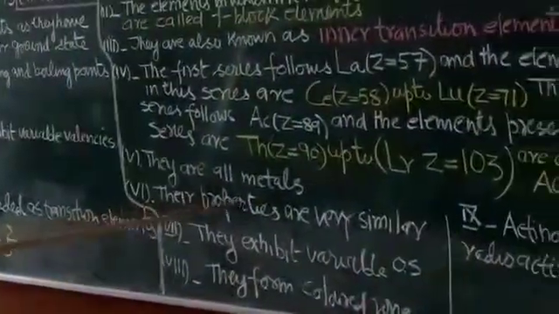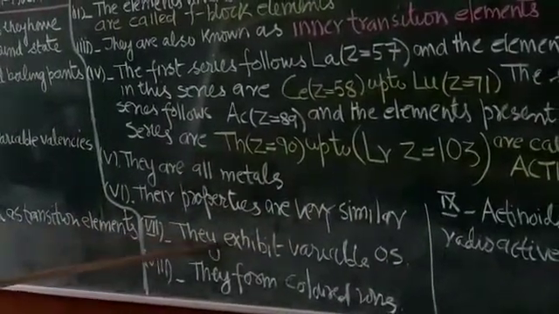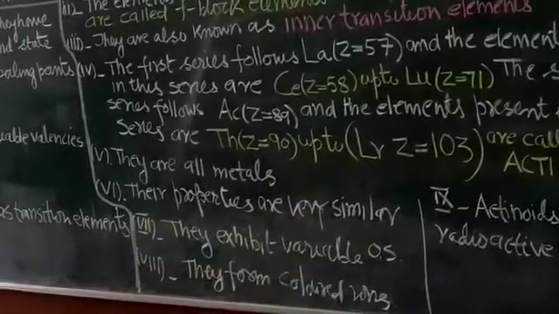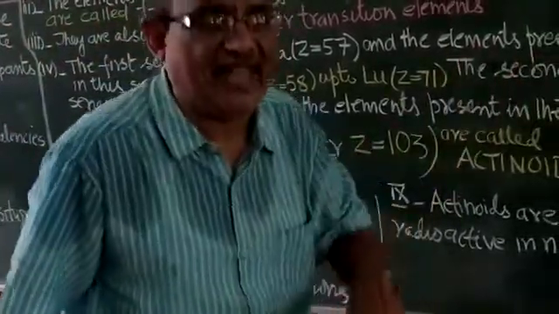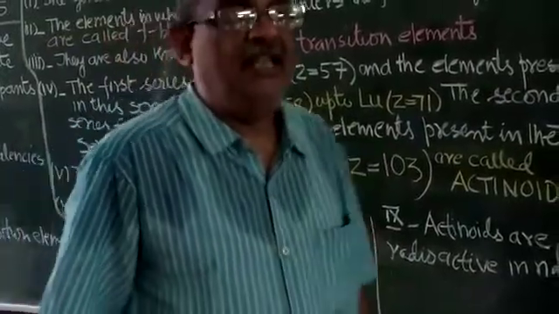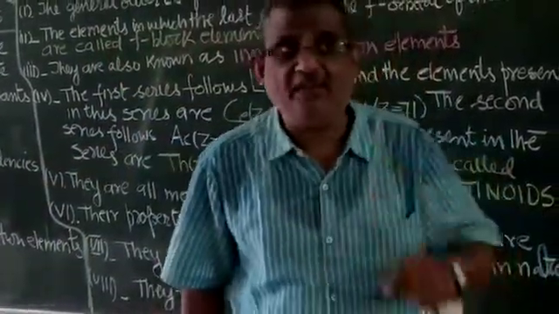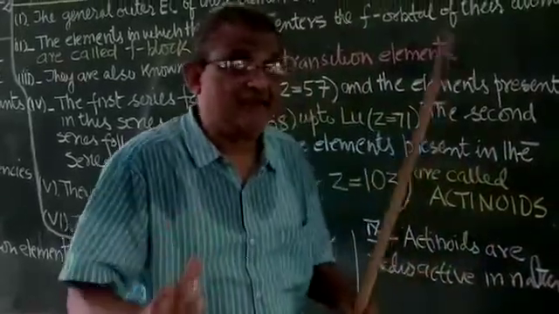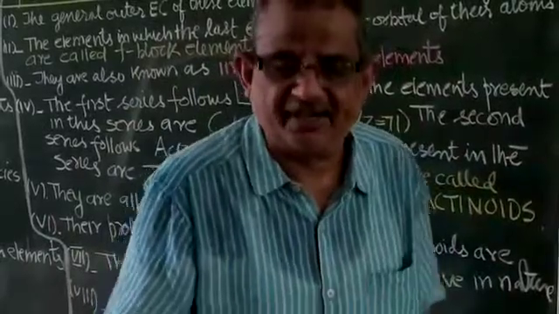Now, property number 6, their properties are very similar. They exhibit variable oxidation states. One of the most important properties of lanthanoids and actinoids is that they exhibit variable oxidation states. I must tell you one thing, actinoids exhibit more oxidation states as compared to lanthanoids.